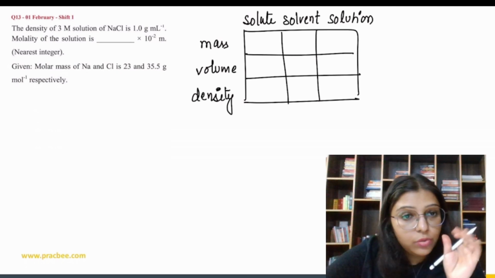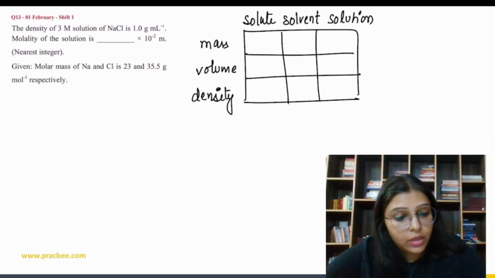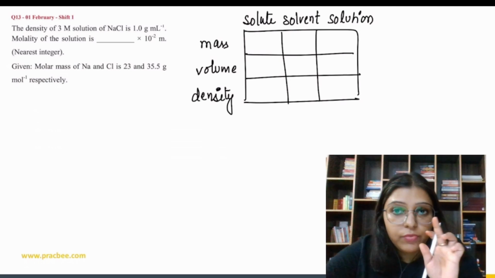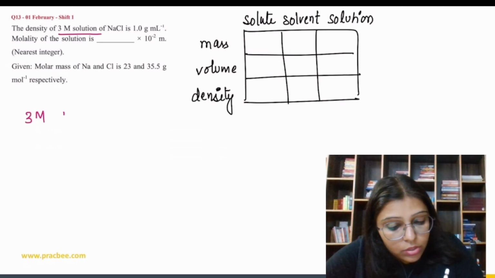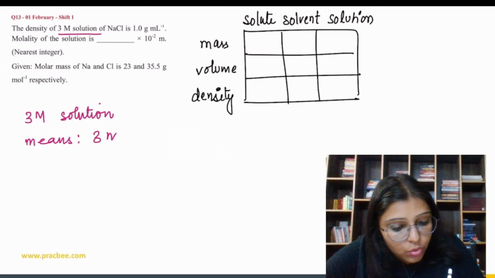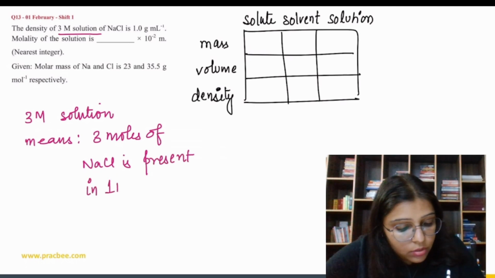Now we are going to write the information in this table. The first is the density of the 3 molar solution. 3 molar solution means 3 moles of NaCl is present in 1 liter volume of solution.